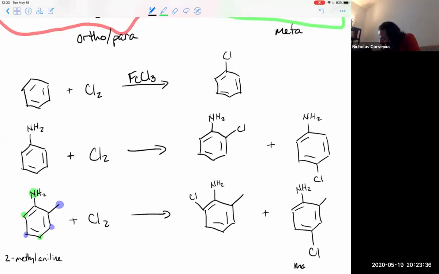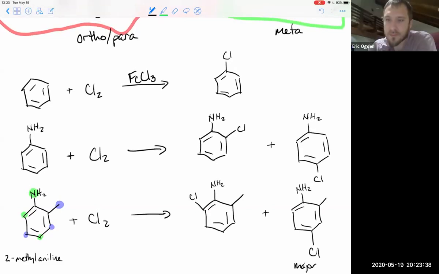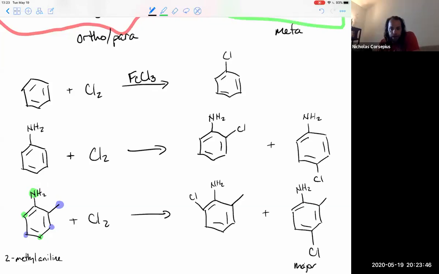So this guy's major. And why did you say that? Well, chlorine's really big, and to add to the ortho side would be tougher than the para. Yeah, right. Sterics. This isn't a terribly large group, my amine group, so you would still get a pretty decent balance, but you're still looking at like 52, 48.